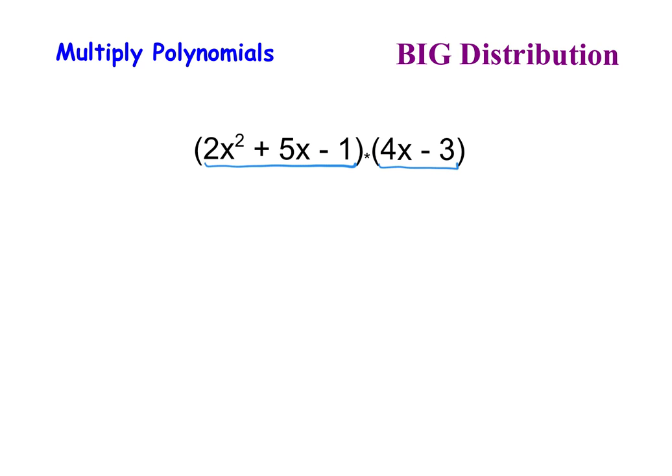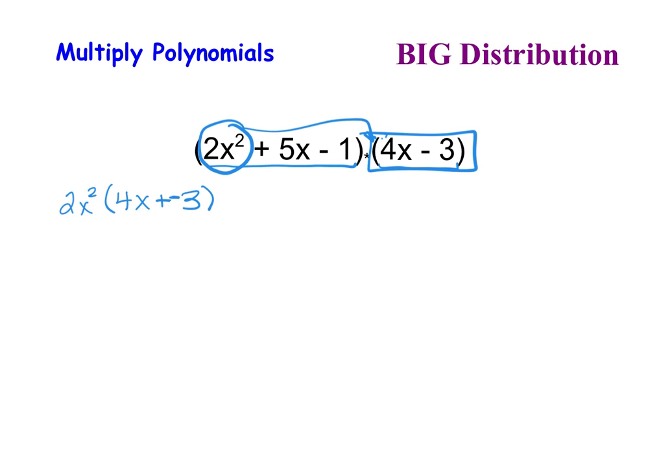And the easiest way to write that out is to take the first term here, which is 2x squared, and multiply it by this entire term here. So I like to write it out as 2x squared, and then show I'm going to multiply it by 4x minus 3, or if you're a keep change person, plus negative 3. And now we can take that 2x squared and multiply it by the 4x.